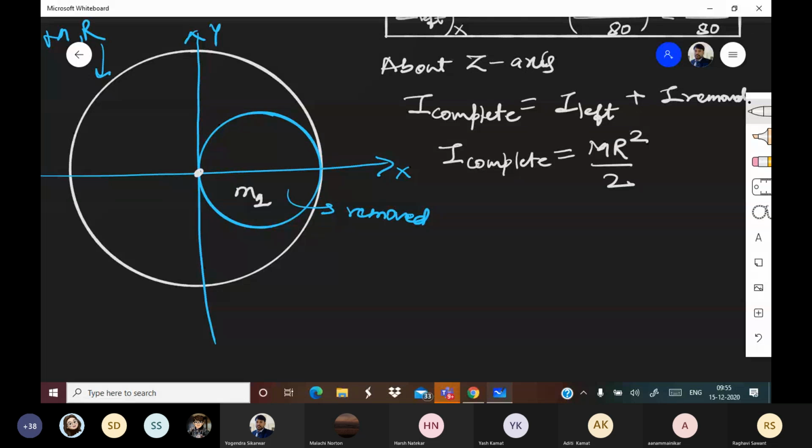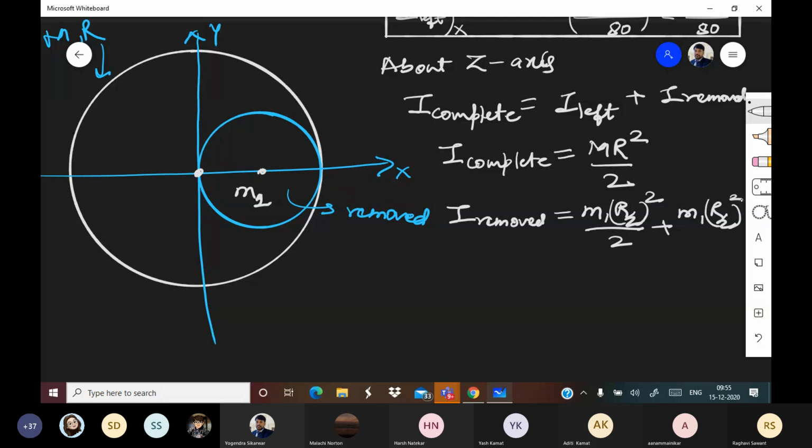All right. Now I of the removed part, so I removed will be nothing but m1 into (R by 2) square by 2 plus m1 into (R by 2) whole square.